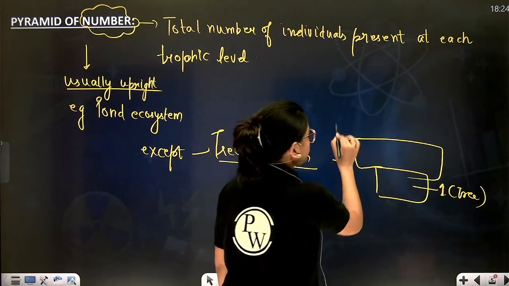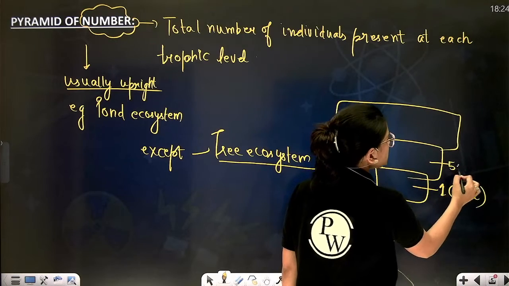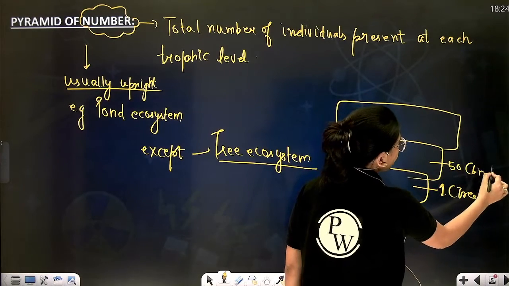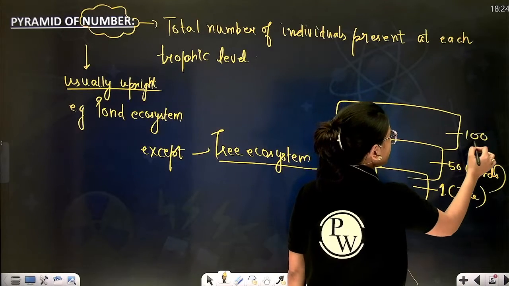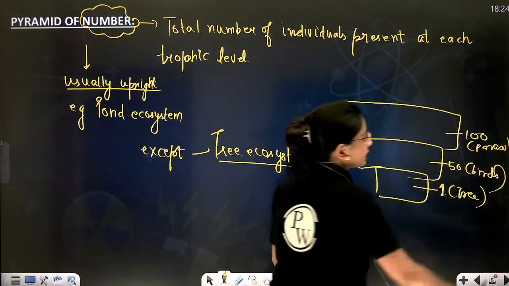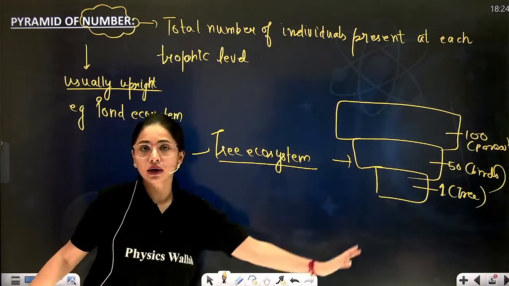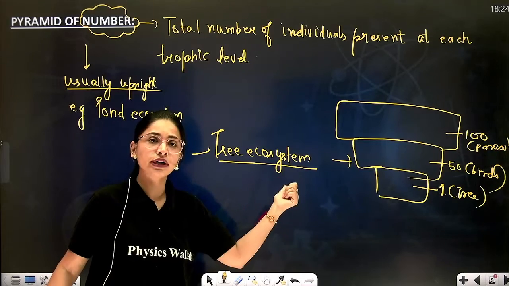So you can say if there is one tree, on that maybe 50 birds are feeding, occupying the second trophic level, and on these 50 birds maybe 100 parasites are living, occupying the third trophic level. So can you see it is an inverted pyramid of number in case of the tree ecosystem.